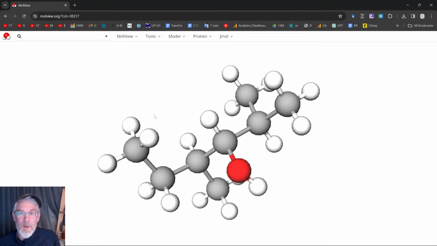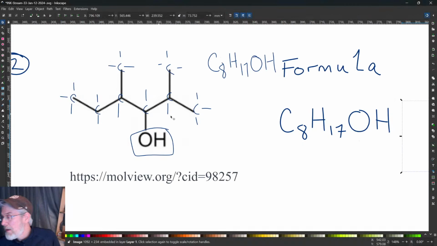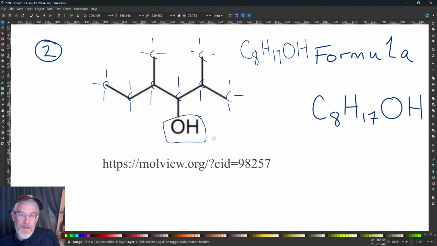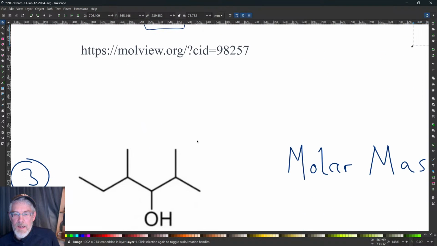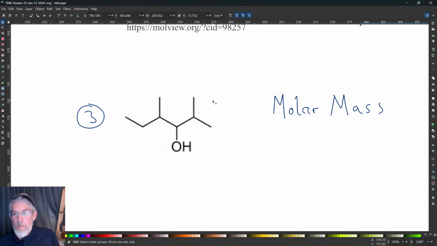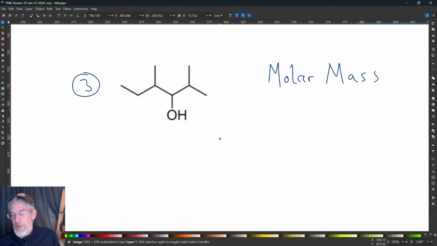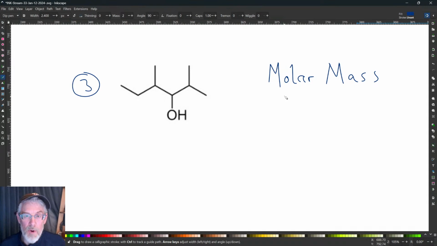All right, let's go back here and take a look at finding the molar mass. And actually, you have to have a periodic table or memorize things to find the molar mass. So carbon is 12.01 grams per mole.